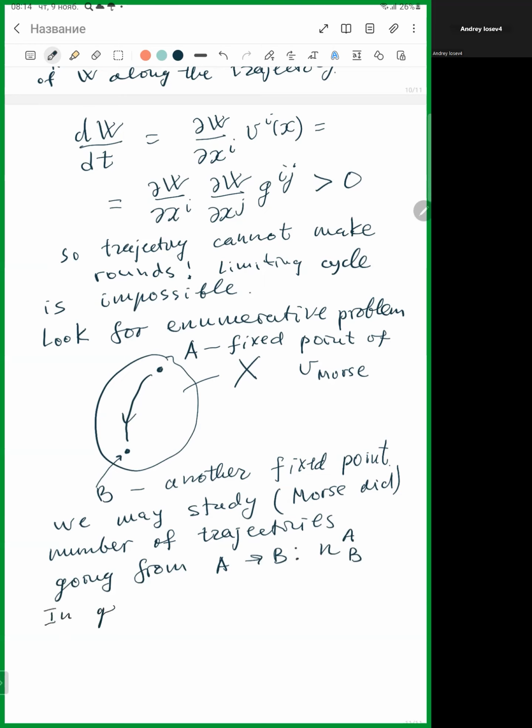In general, it is not a number. They form families.